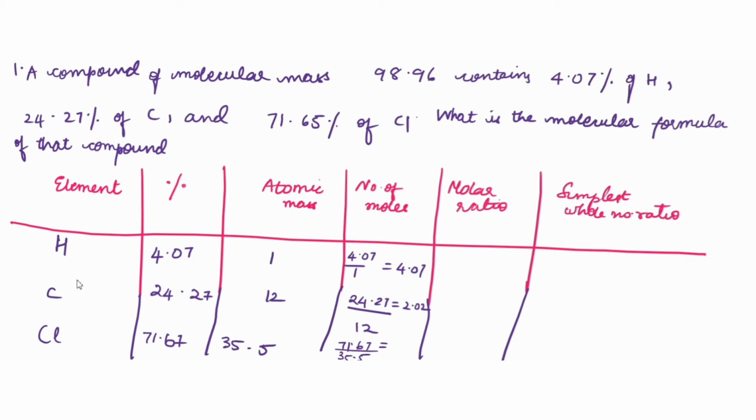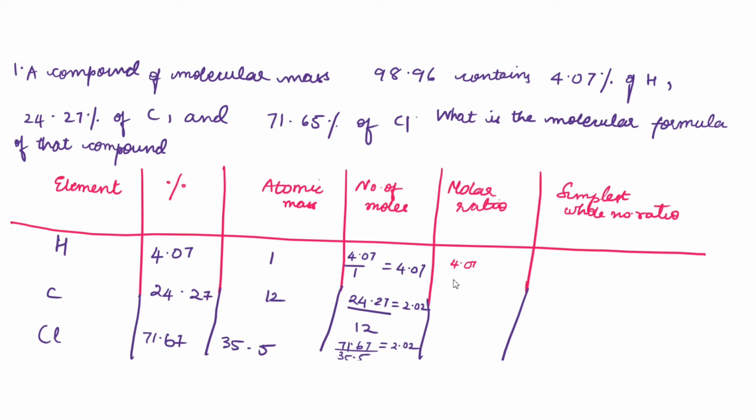Next column we have molar ratio. What do we mean by molar ratio? Molar ratio is nothing but the number of moles divided by the smallest number of moles. Understood? So 4.07 is the number of moles, divided by the smallest number of moles out of these three, H, C and Cl.